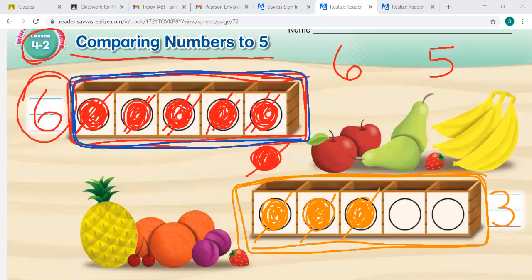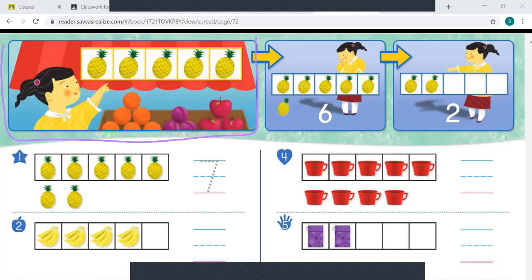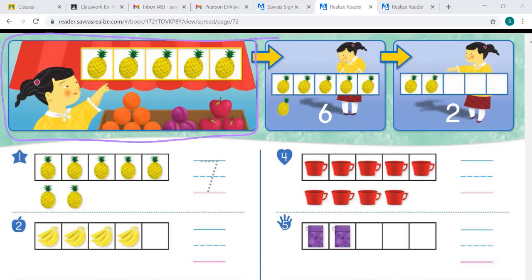Let's turn our page over. Let's look at our first box up here. How many pineapples are there? There are 5 pineapples. How did you know that? Let's count them to make sure. 1, 2, 3, 4, 5.